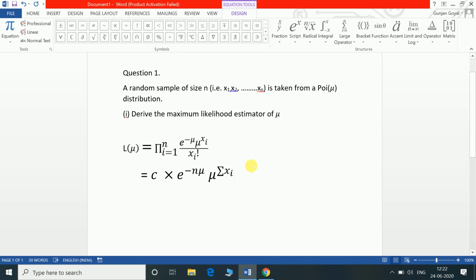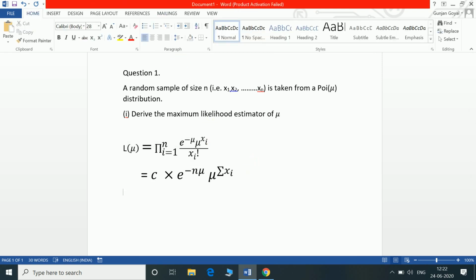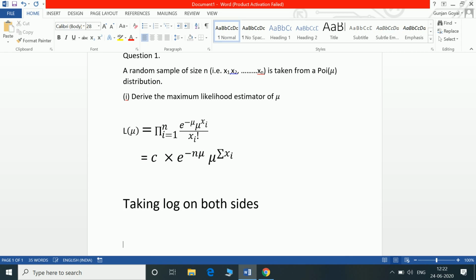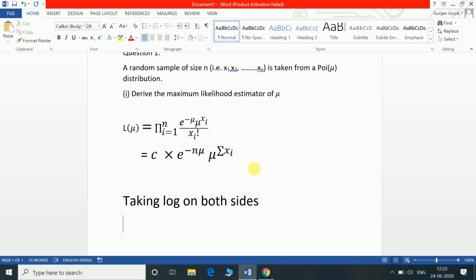Okay, and now I come to the next line. What I need to do is take log on both sides. So I write, taking log on both sides. Now we'll write ln, which is this function ln, and you can copy this from here.